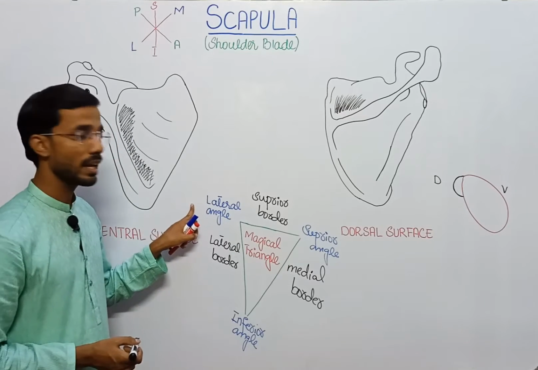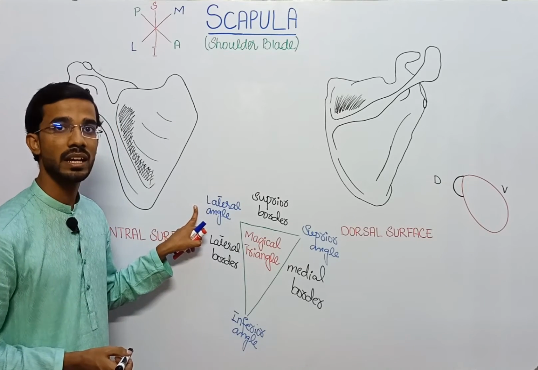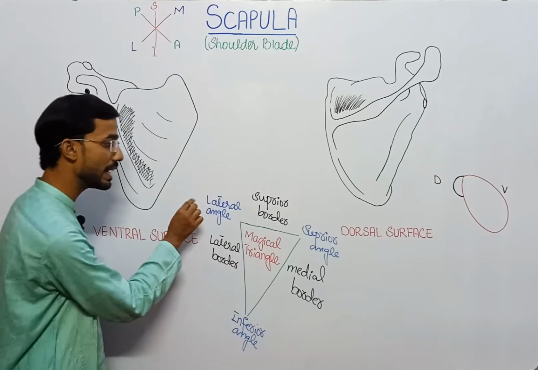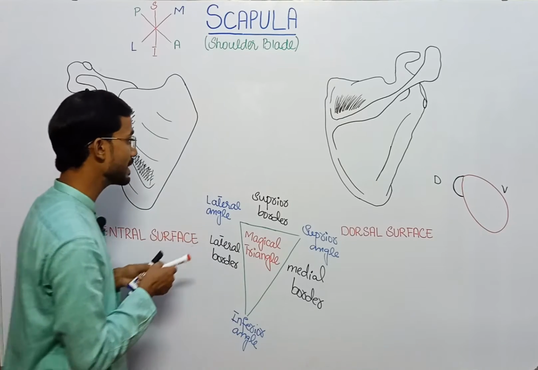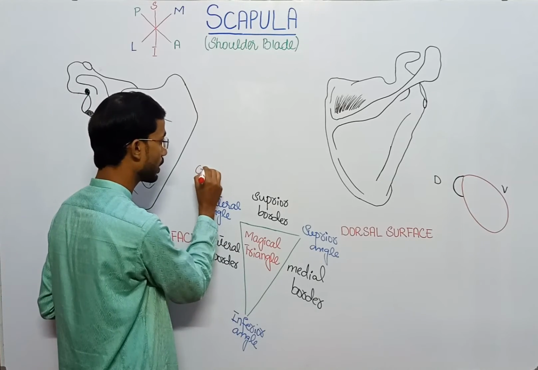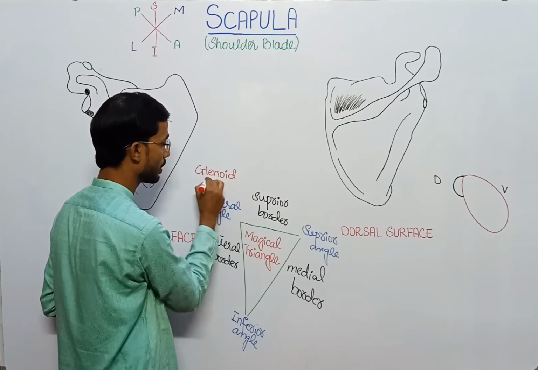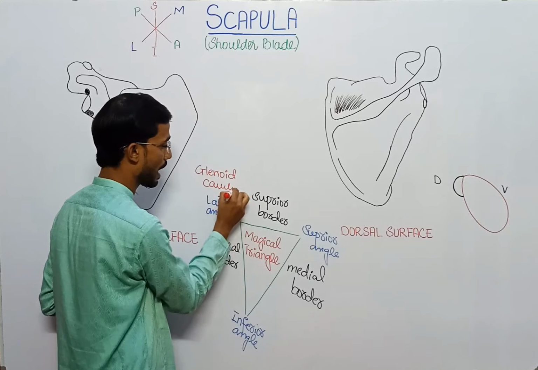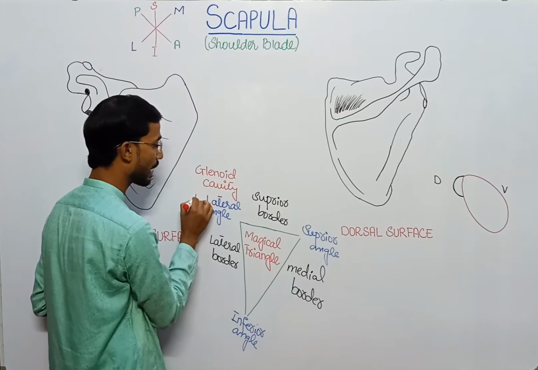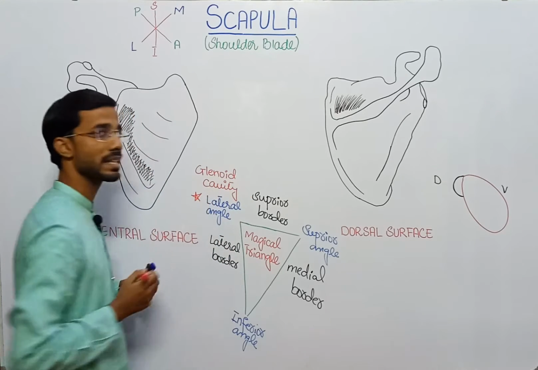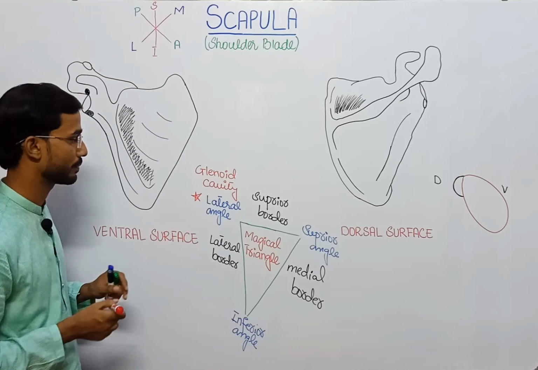We consider the lateral angle as reference, and at the lateral angle there is a cavity which is called the glenoid cavity, and we take it as a reference.